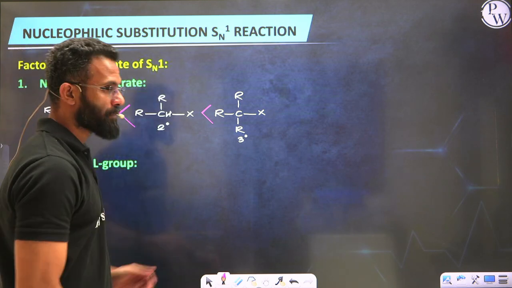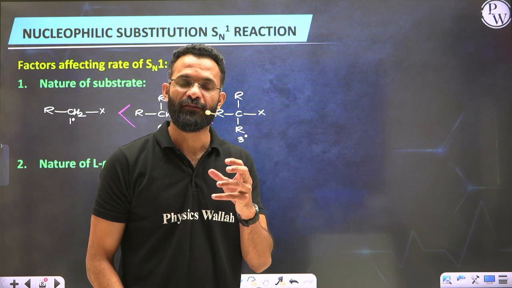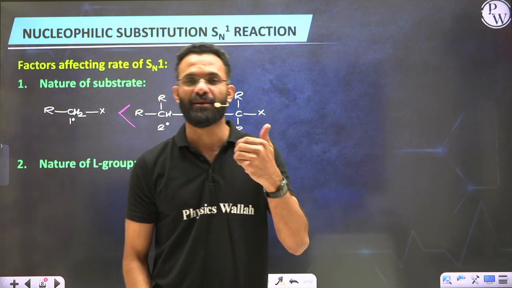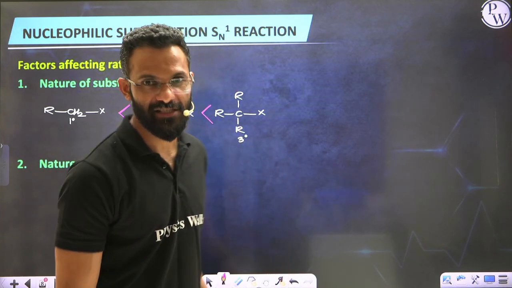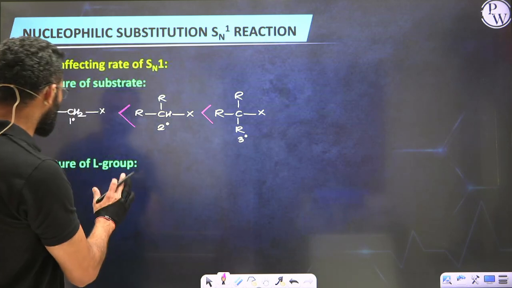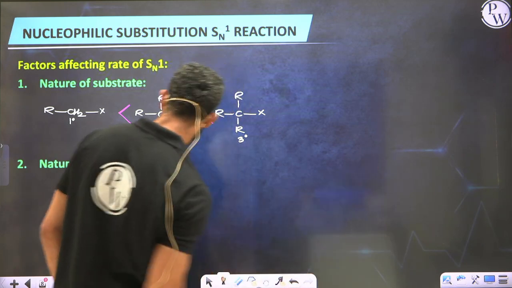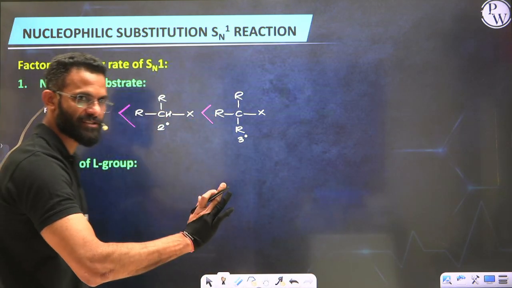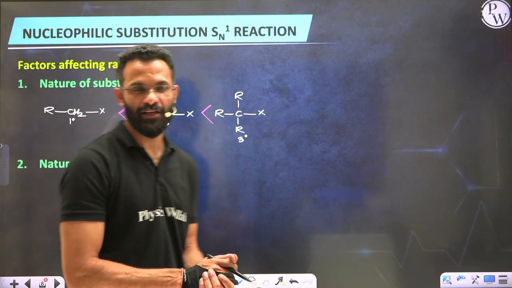Because we want carbocation formation to take place, we will always prefer a good leaving group, because a good leaving group is the one which will depart the substrate faster and will help formation of carbocation at a faster rate. Hence, a better leaving group always favors the rate of SN1, and this condition is universal for all mechanisms, whether substitution or elimination reaction mechanisms.